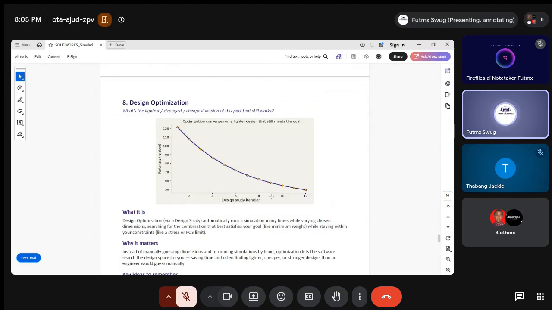Most times after designing, after doing your analysis, basically for a start your static analysis, you may have to do a topology optimization. Okay, sorry, I'm talking about design optimization. Design optimization and topology optimization, they are different.